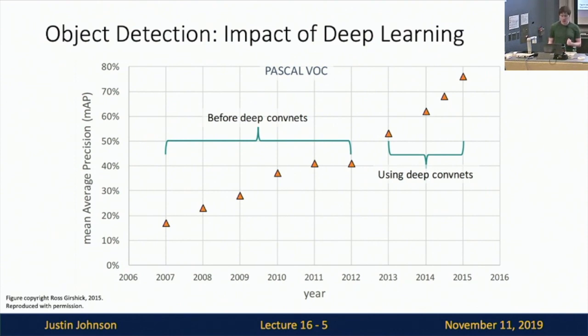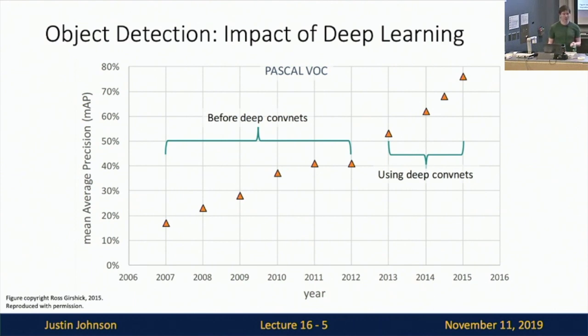By the way, these dots that are the deep ConvNet detection are the familiar slow, fast, and faster RCNN methods that we talked about last time. Each one of them gave huge improvements over the previous generation. This led to a period from about 2013 to 2016 of massive improvements in object detection that really overcame this plateau that the field had from about 2010 to about 2012.